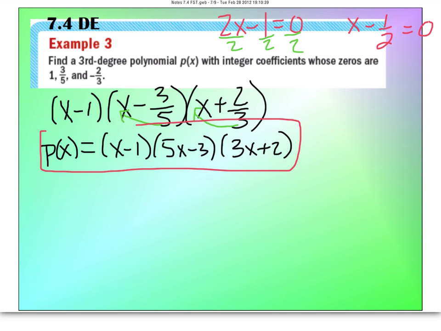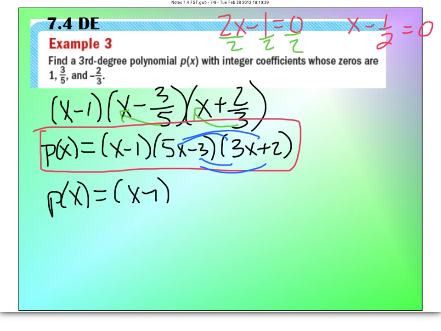Now, if it said put it in standard format, let's do our multiplication in a little different order. This time, I'm going to take the last 2 binomials and multiply those 2 together first. So then I have p of x equals x minus 1. And when I multiply this through, I'll get 15x squared plus 10x minus 9x minus 6.